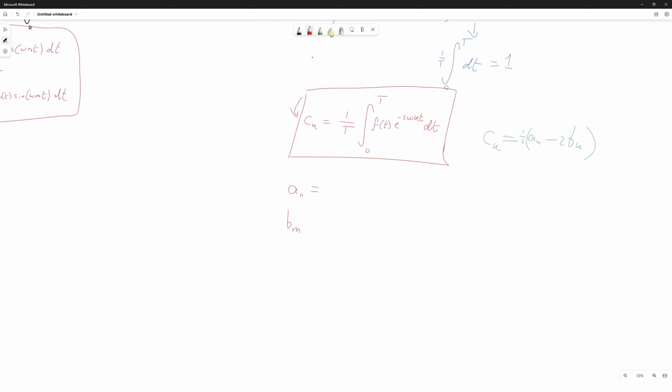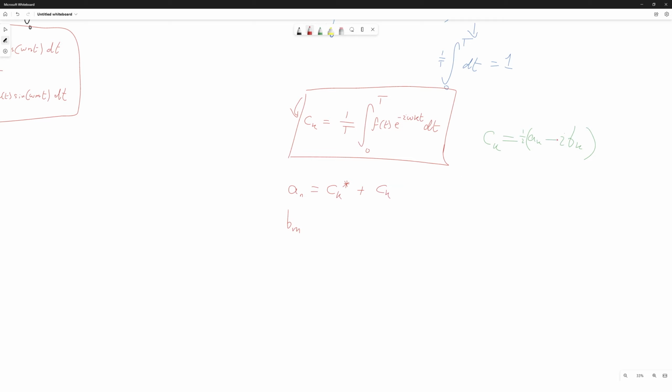So now we can just take c sub k, take the conjugate, and add it to the standard one.